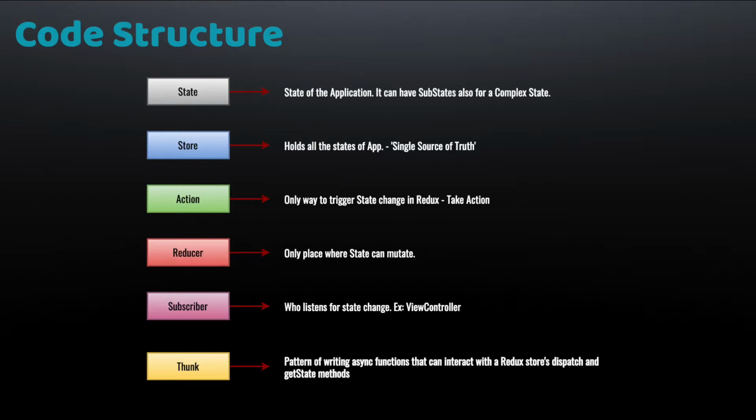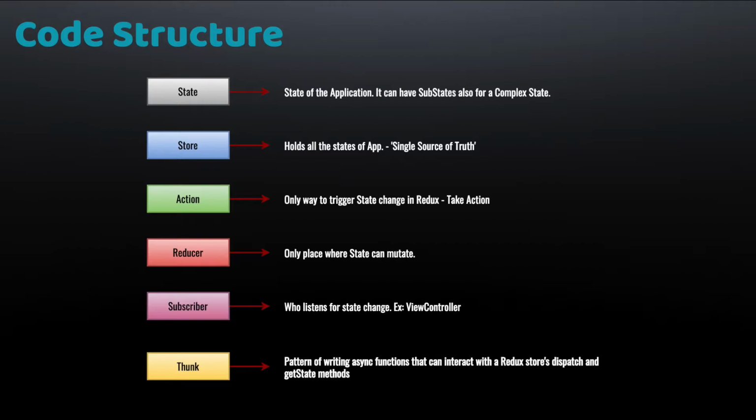The action will be responsible for initiating the change in the state with the help of the reducer whenever the user does any interaction on the view layer. The reducer is the place where that state change will actually happen, or you can say this will be the only place where your state can mutate.